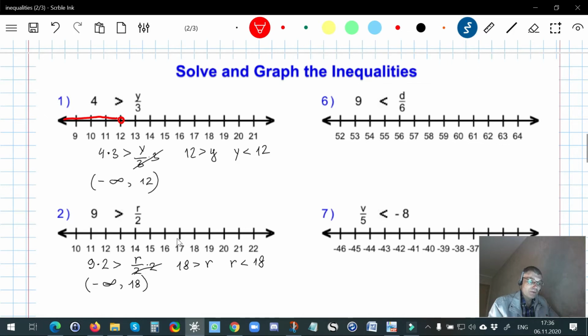So I don't include 18, it's open, so that's why I draw a circle around 18, and I go in the direction to negative infinity. All right.